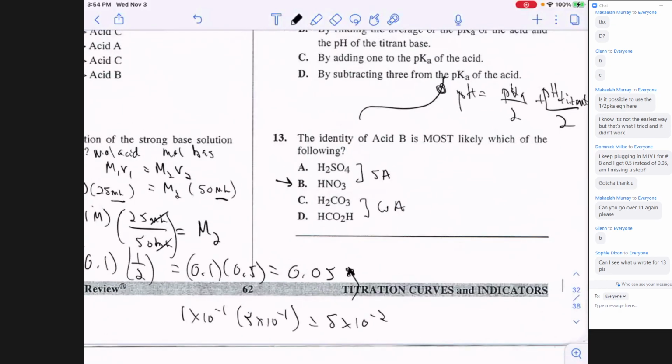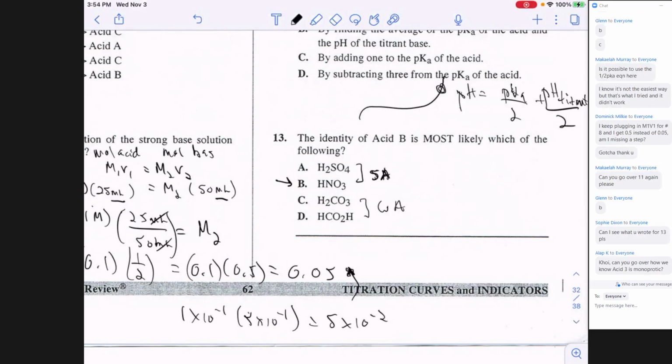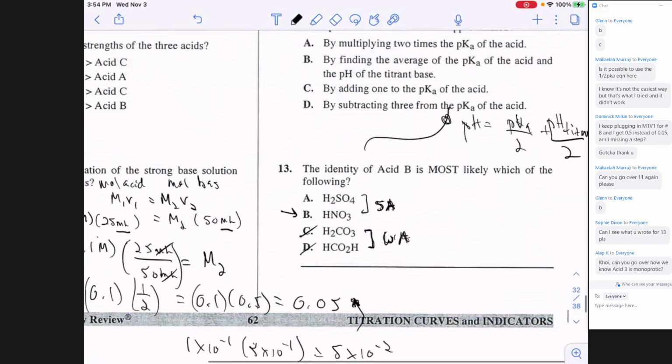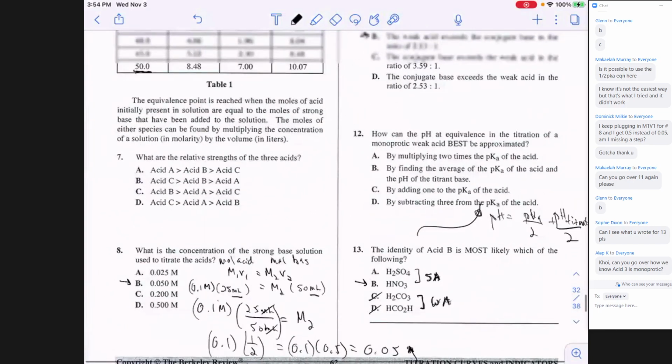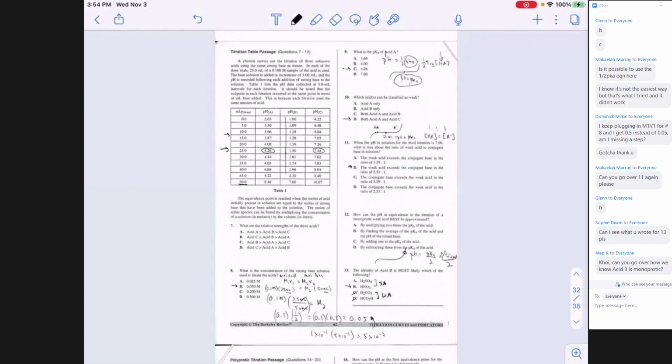13, the identity of acid B is most likely which of the following acids, right? So we have strong acids for sulfuric acid and nitric acid, and think of your excess oxygen count, and we have weak acids for carbonic acid and acetic acid. So we know those are both out because molecule B has basically relatively the same pH for long periods of time without changing, which means it's a strong acid.